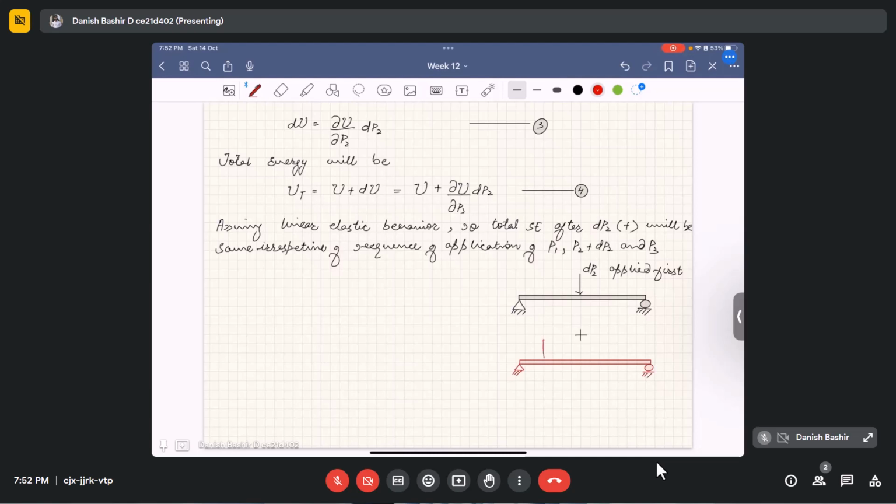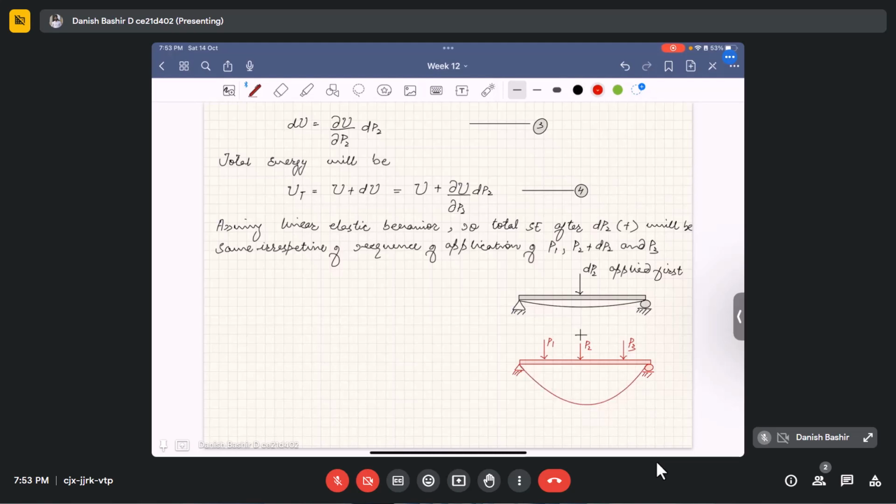As shown in the figure, it was P1, P2 in the same direction, and P3. Now it will be very easy. First there will be a very small deflection caused by dP2, and a good amount of deflection caused by these three loads.